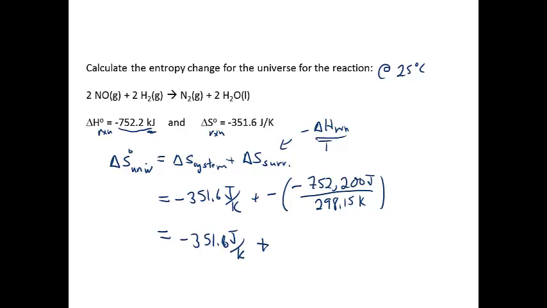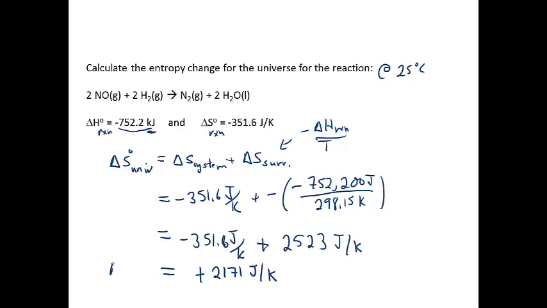If you do that out, it's 2,523 joules per Kelvin. So when we add those together, we come out with plus 2,171 joules per Kelvin.